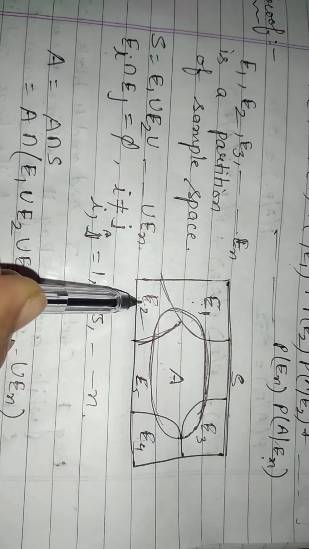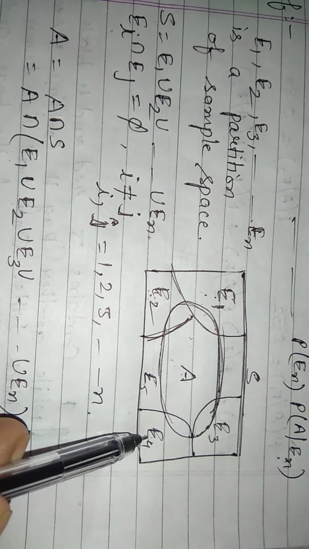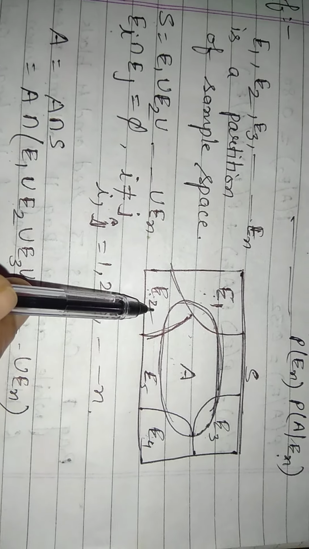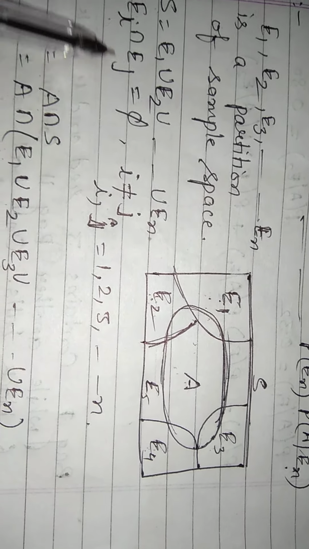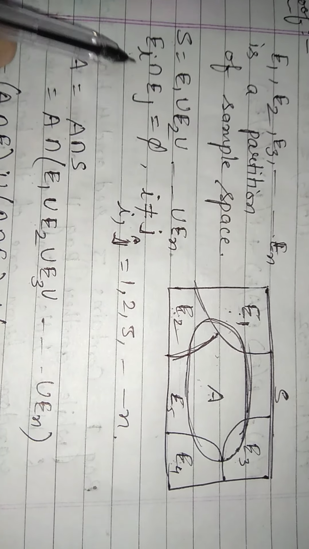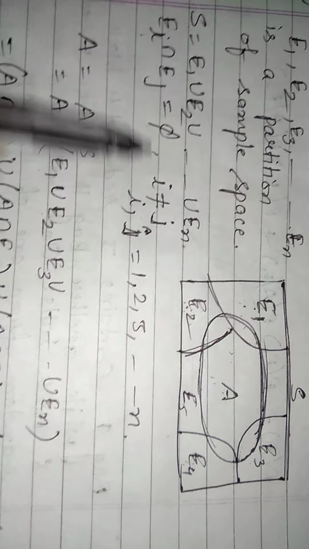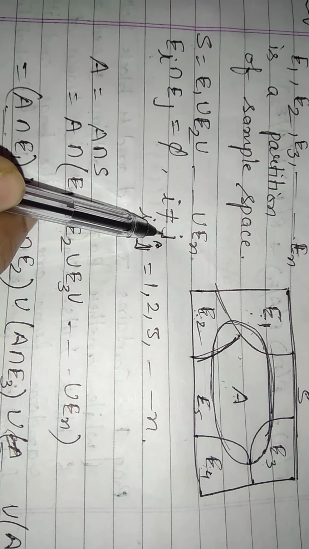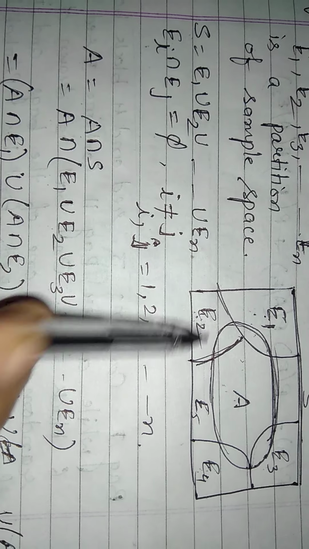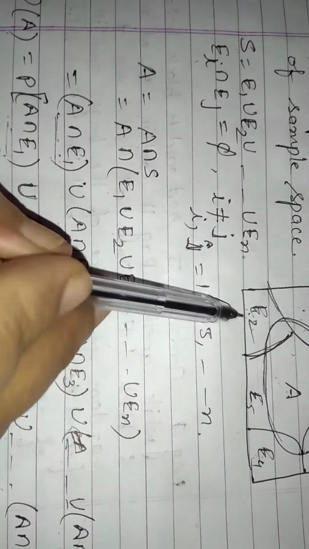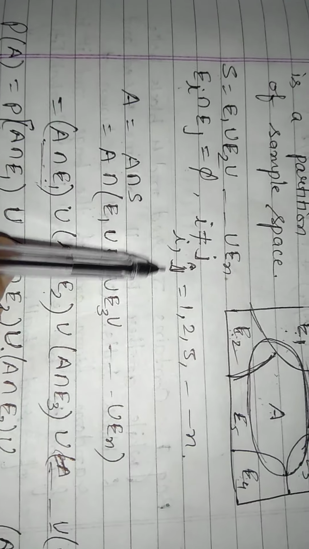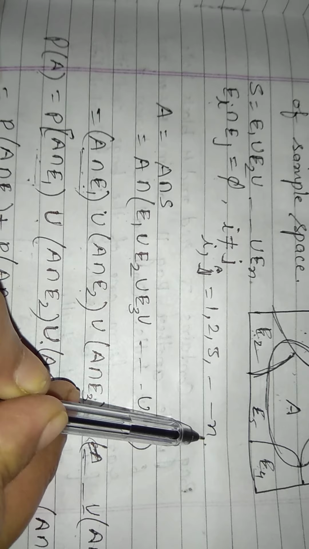So E1 intersection E2 is phi. E3, E4 intersection is phi. E2, E5 intersection is phi. So if Ei intersection Ej is equal to phi, where i is not equal to j, it means their intersection is phi, where i, j are 1, 2, 3, 4 up to n.